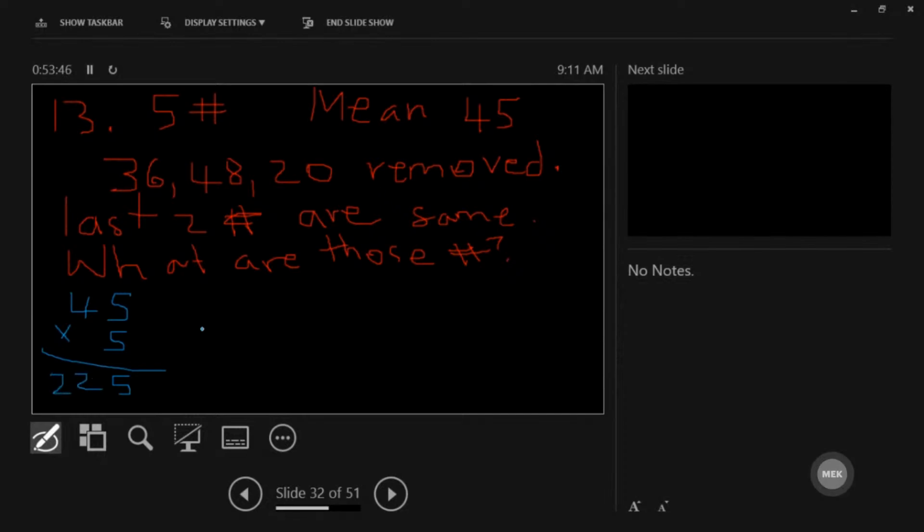That's the total. Let's add up the total of the numbers we're removing. So that's 36, 48, and 20. So that's 104. So we're removing 104 from the 225. So let's subtract that.